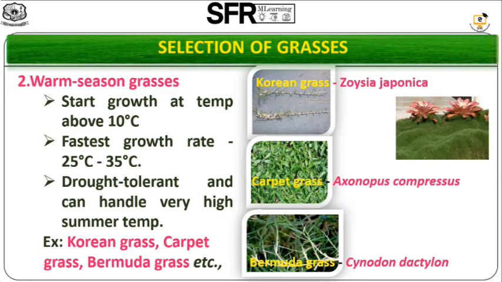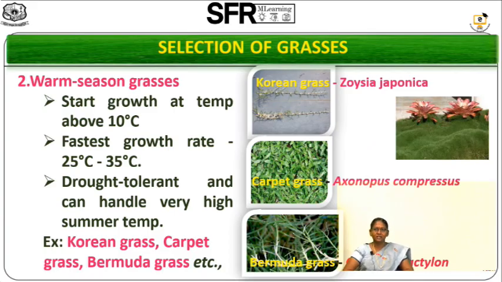Warm season grasses start their growth when the temperature is above 10 degrees Celsius, and their fastest growth is found when the temperature is 25 to 35 degrees Celsius. They are able to withstand very high temperatures. Even in summer we can easily maintain these grasses.